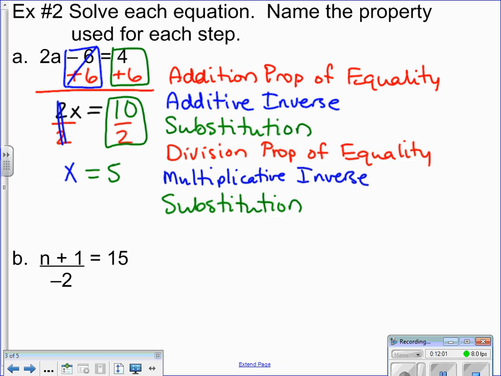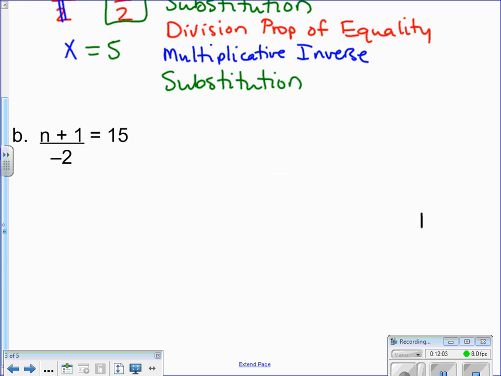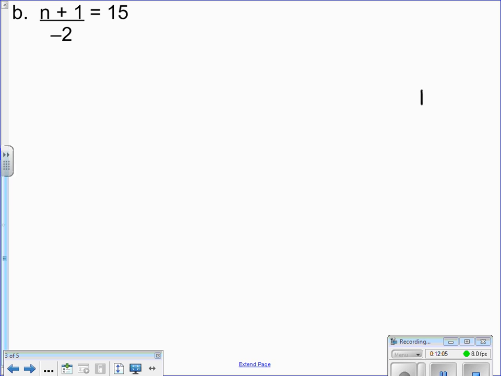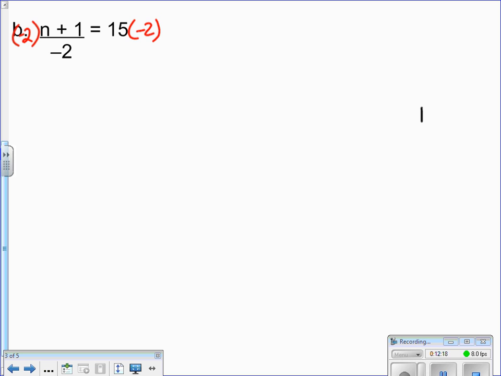All right, let's look at B. So if you notice, there's a negative 2 that's dividing half my problem. So the first thing I'm going to do is multiply to stop the dividing by negative 2. And again, if you multiply on both sides, that's the multiplication property of equality.